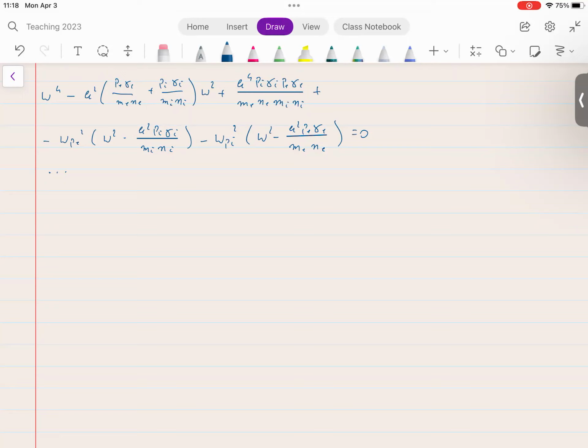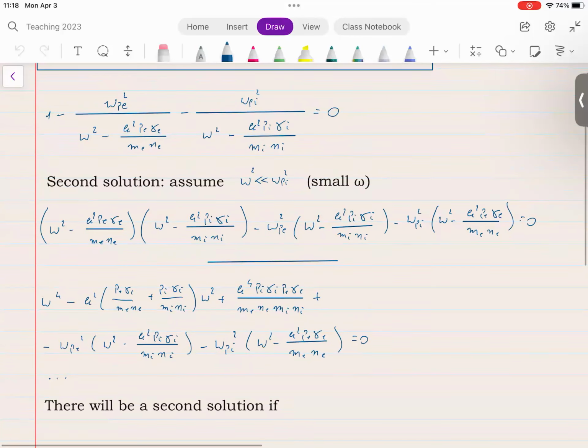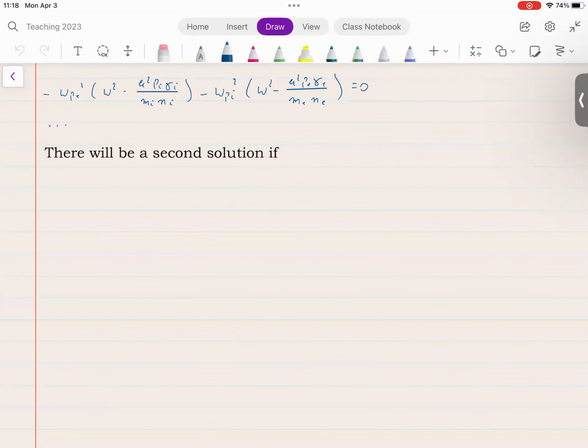The key is that there will be a second solution if, in the original dispersion relation, which I'm showing up here again, the second and third term are of the same order, and notice that they're both going to be much larger than 1.